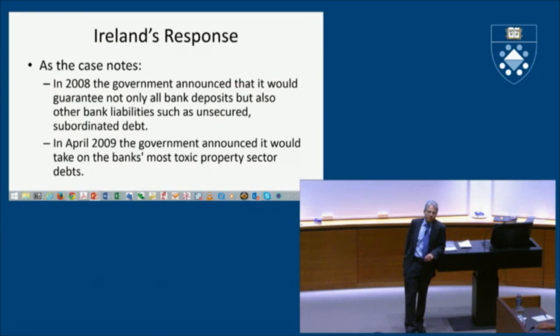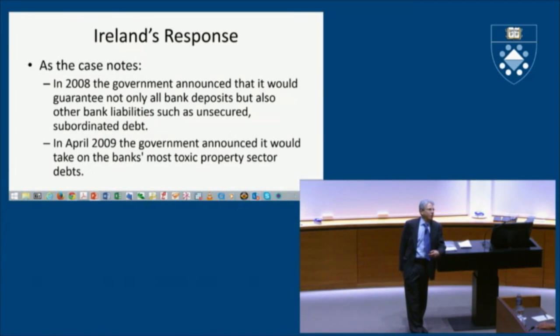Ireland's response was, as the case notes, in 2008, the government announced that it would guarantee not only all bank deposits, but also other bank liabilities such as unsecured and subordinated debt. This was a guarantee that was not part of the original contract.